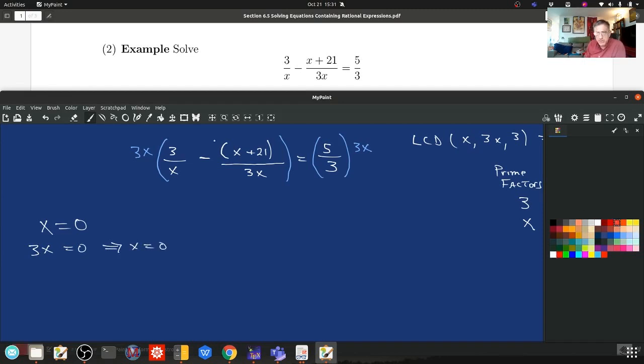So what I'll do is I'll put up here in my do not forget box, exclude x equals 0 from the solution set. Now, it may very well be that the solution set does not contain 0 in it, in which case there's nothing to exclude.